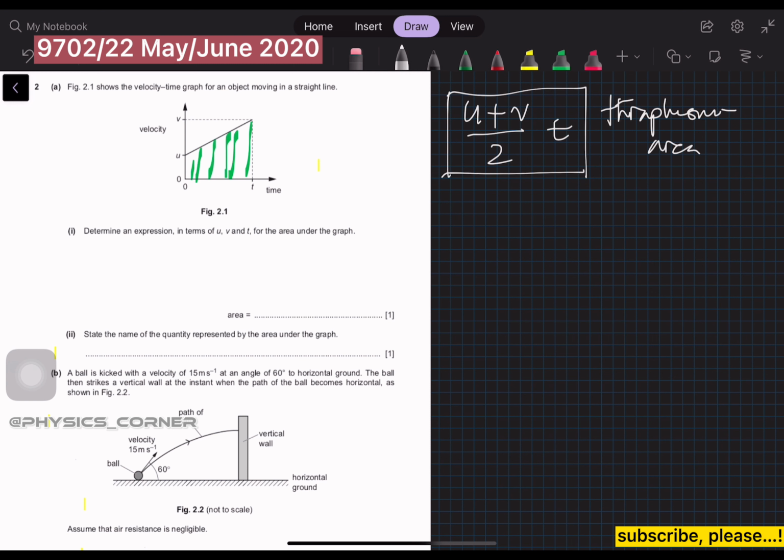Or actually it is the same as ut plus half a t squared. Okay, that's it.